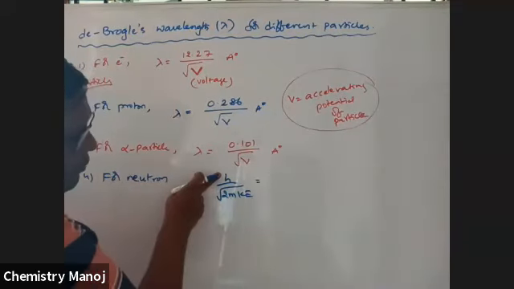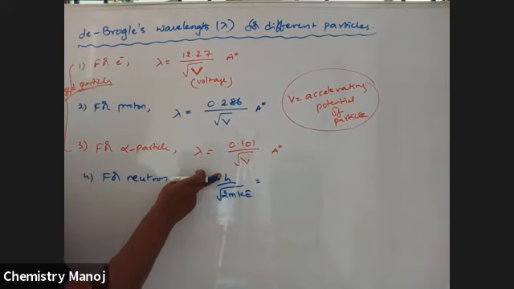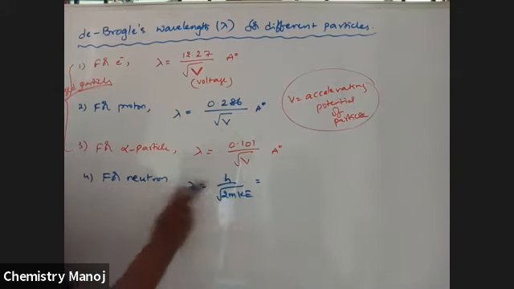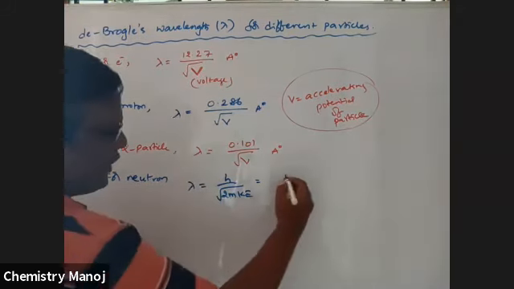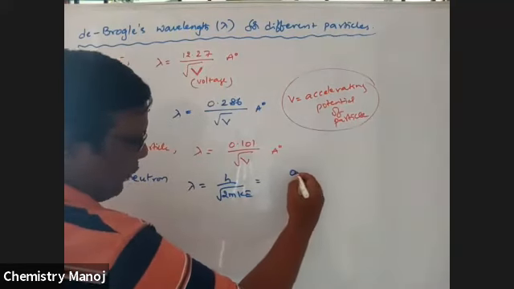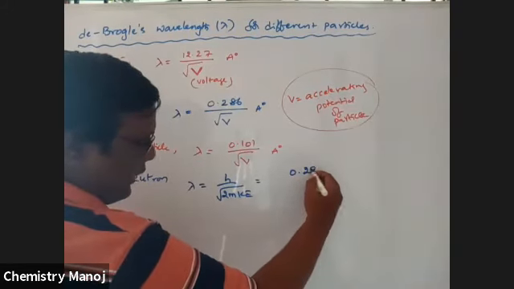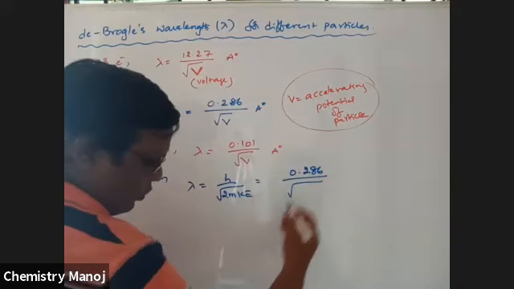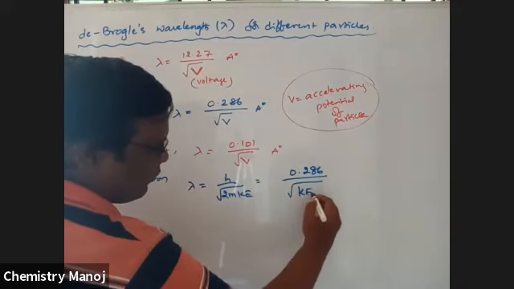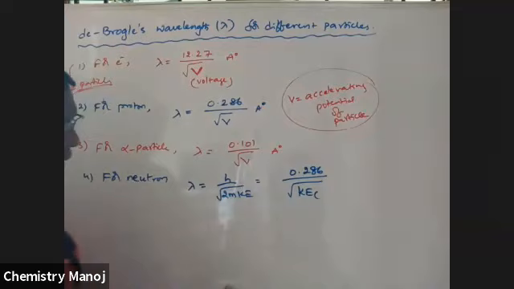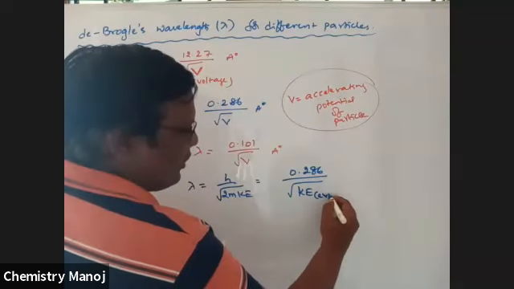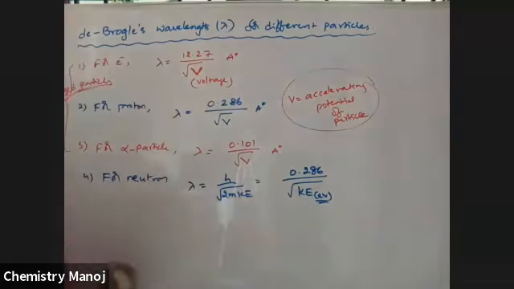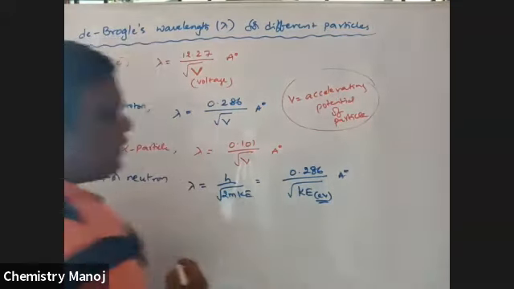After substituting, 6.625 into 10 power minus 34, and the mass of the neutron, after final calculation, it is 0.286 by root KE, where kinetic energy is in electron volts and lambda is in angstroms.